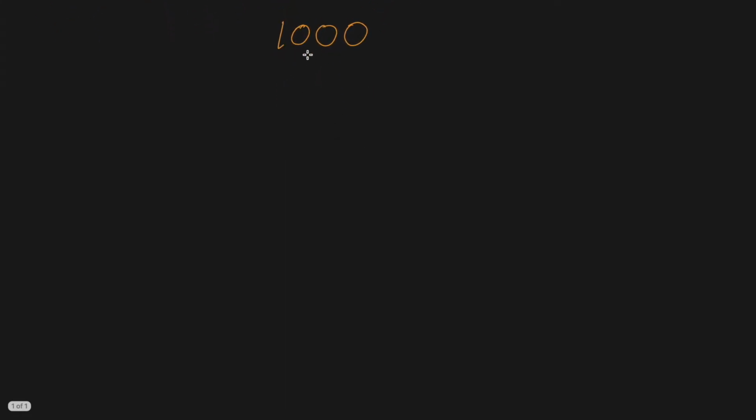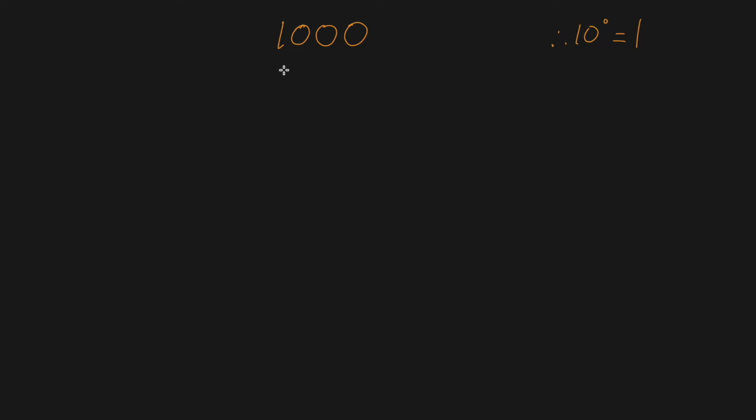So let's say we have the value 1000. How can I introduce a power of 10 that doesn't change the actual value? Well, we already know that 10 to the power 0 is equal to 1.